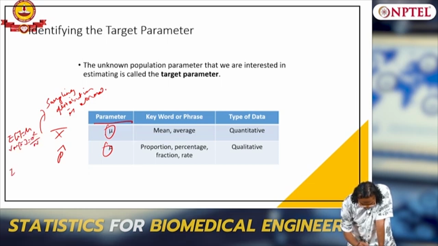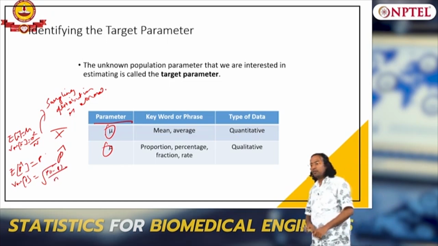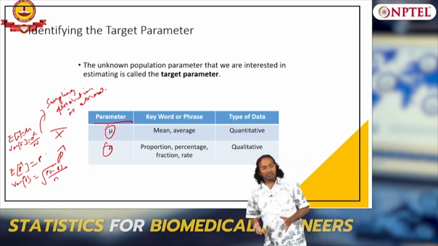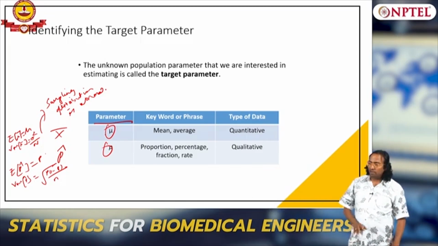And expectation of p hat equals p and variance of p hat equals p into 1 minus p divided by n. These are the two targets, corresponding sampling distributions, and then the values.